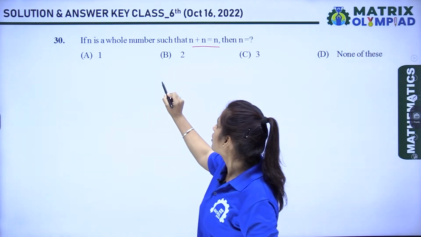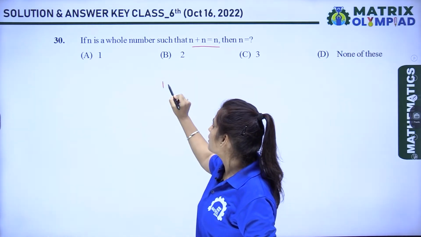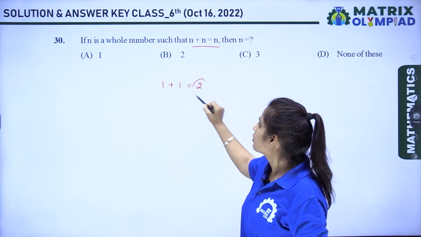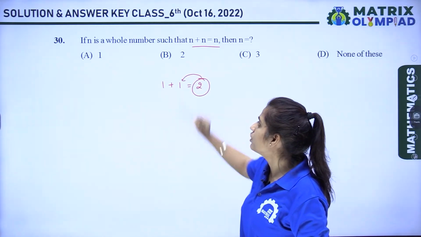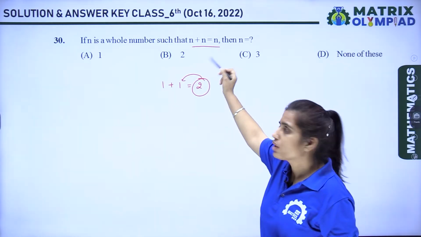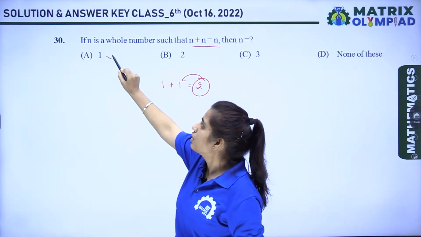If we put 1 in place of n, we get 1 plus 1 equal to 2. Now this 2 is not equal to 1, as it is said that n plus n is equal to n. So option A is not correct.